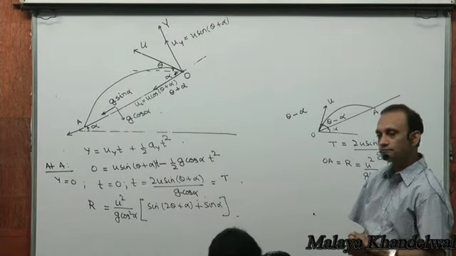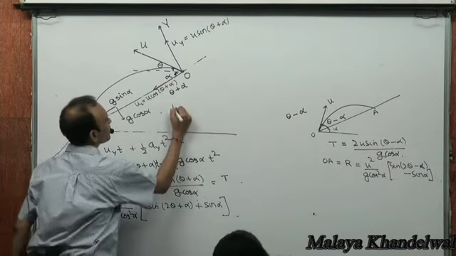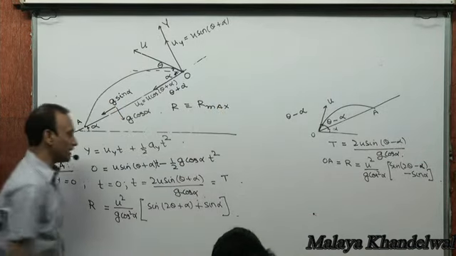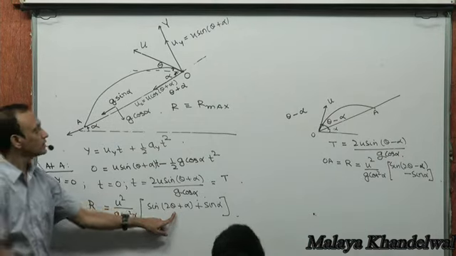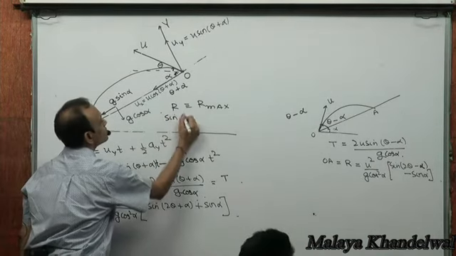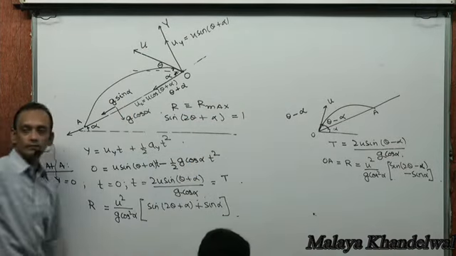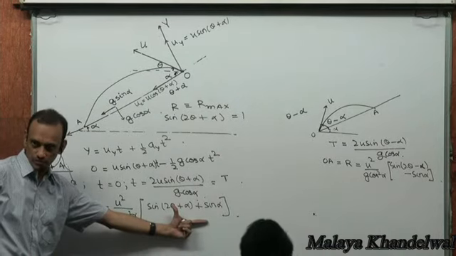Again, in this case, when is R equal to R max, for a given u and for a given alpha? When this becomes equal to 1, that means when sine 2 theta plus alpha becomes equal to 1, this range will become the maximum it could be.